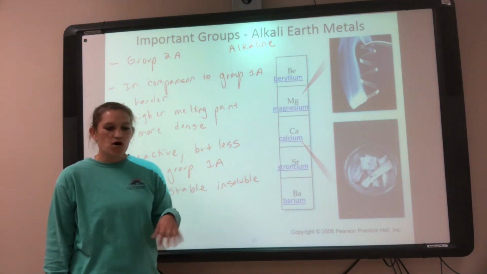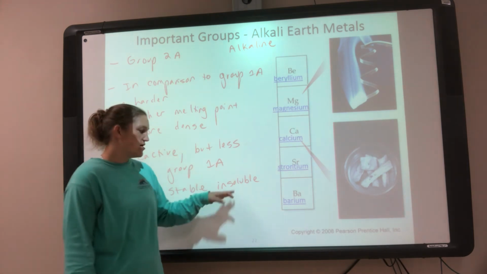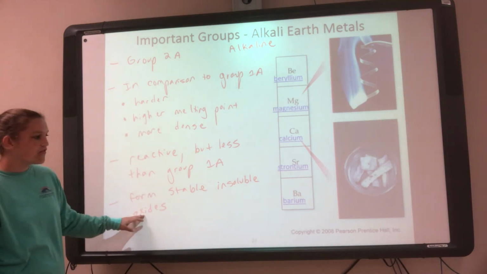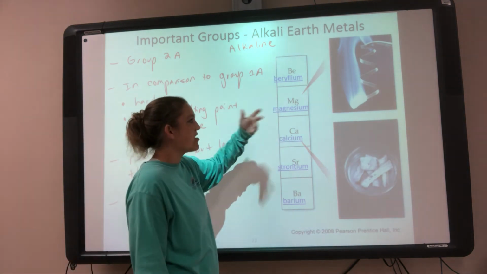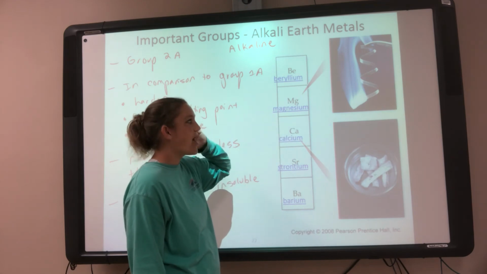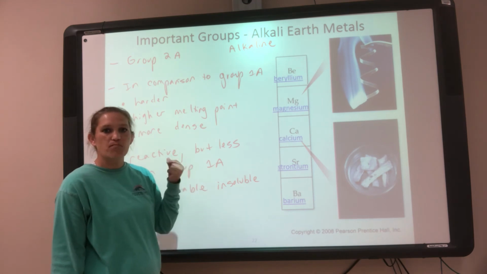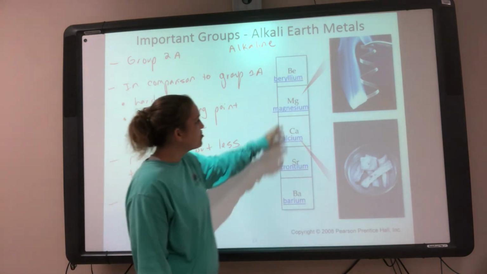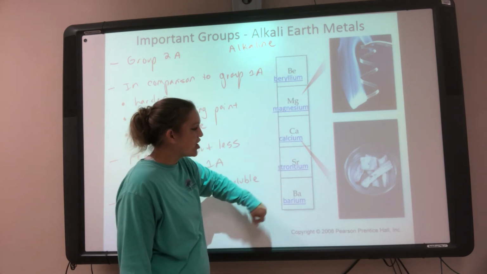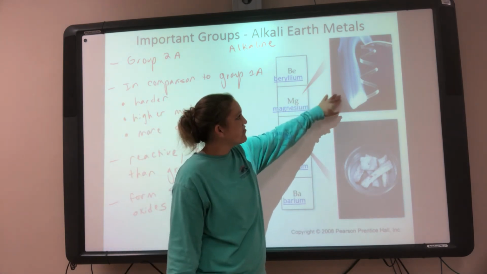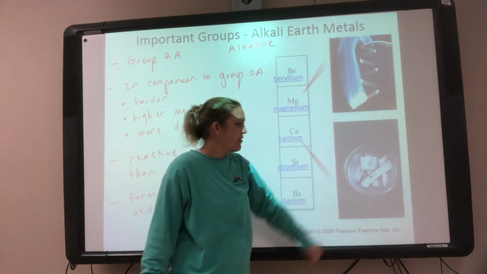If you dumped it in water, it's just going to float around, like a rock in water, which doesn't dissolve. And they like to form with oxygen. Most of the time you're going to have magnesium with oxygen, so magnesium oxide, calcium oxide, etc. Most of the time you're going to see it not pure, but combined with oxygen. These are my alkaline earth metals: beryllium, magnesium, calcium, strontium, and barium. If you were to take a strip of magnesium, you could burn it, or here's some calcium right here.